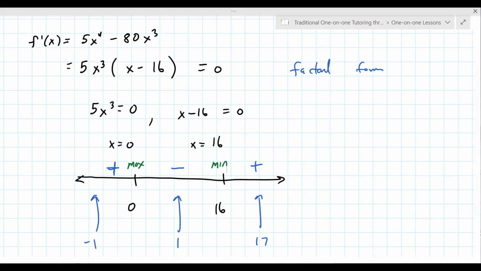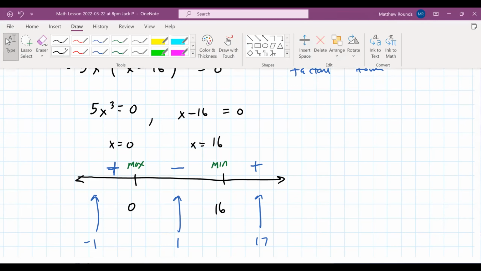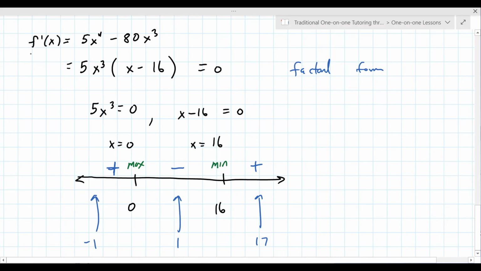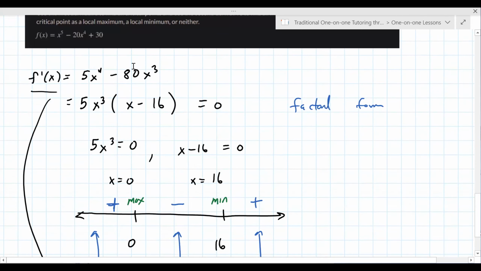All right. So to find the inflection point, you need the second derivative, and you do not use the factored form. You want to go back to this line right here, and that's the one you want to use. So it's 20x cubed minus 240x squared.